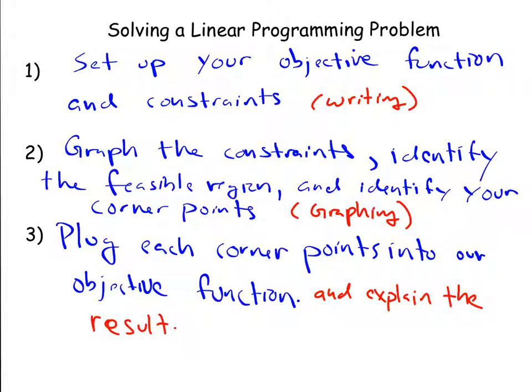Okay, and then explain clearly what that result means. So in the next few slides, I'll take you through a couple examples that'll kind of give you an overview of all this. When we get to the word problems, understand in this particular lesson, I'm really just taking you through step number 1, okay, to write the objective function and to write your constraints.